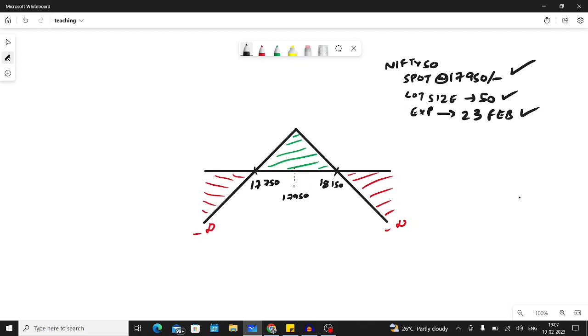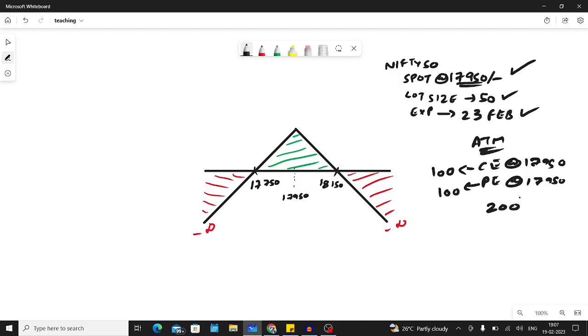So in order to make a straddle over here, since it is trading somewhere around 17,950, we have to sell the call option and put option at 17,950, and let's say these two options are at 100 rupees each right now. So a total of 200 rupees premium we have collected, right? This 100 plus 100 is going to be 200, and since the lot size is 50, this comes out to be a total of 10,000 rupees.